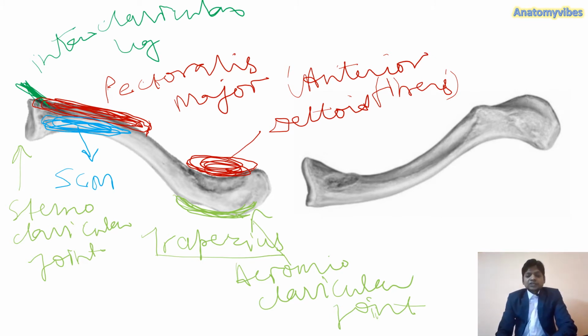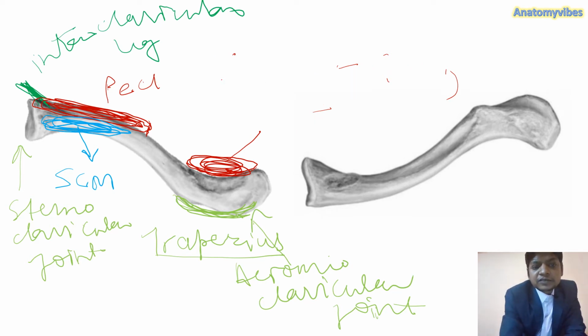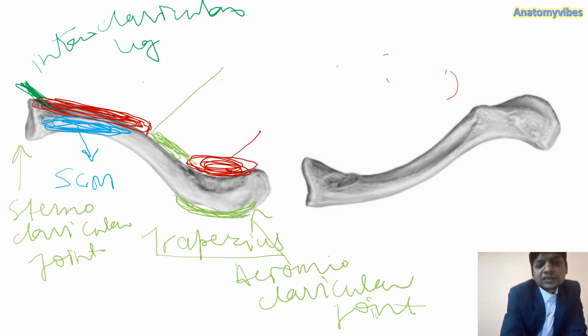Now some special things you can remember from here. If I remove this, you can see in between pectoralis major and clavicle the region forms one triangle.